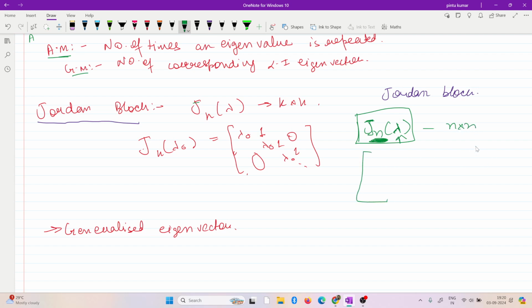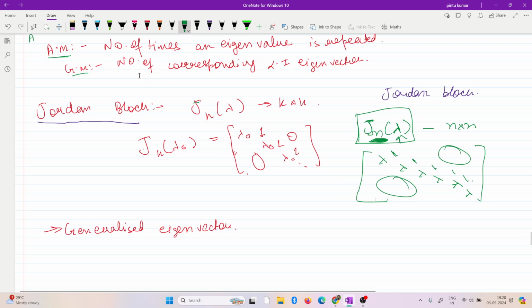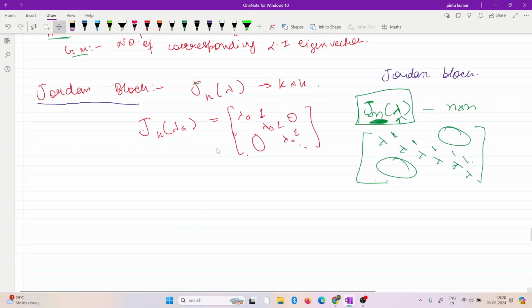So how does this matrix look? You will have lambda as your diagonal entry. You will have 1 as your super diagonal entry. And you will have 0 elsewhere. This is how you give a Jordan block. I'll take 1 or 2 examples.